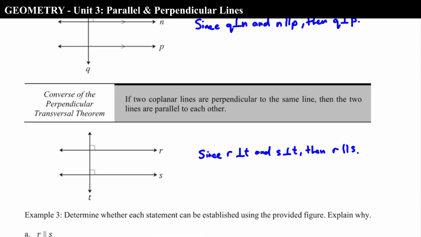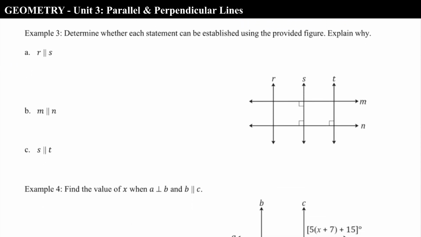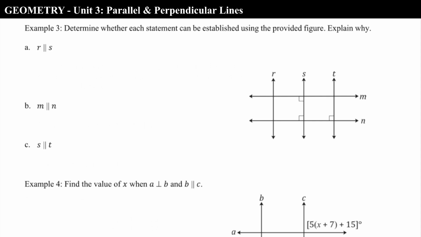So let's do some examples of these. For example 3, we're going to determine whether each statement can be established using the provided figure, and we'll explain why. So for R is parallel to S, well, can we say anything about R in particular?